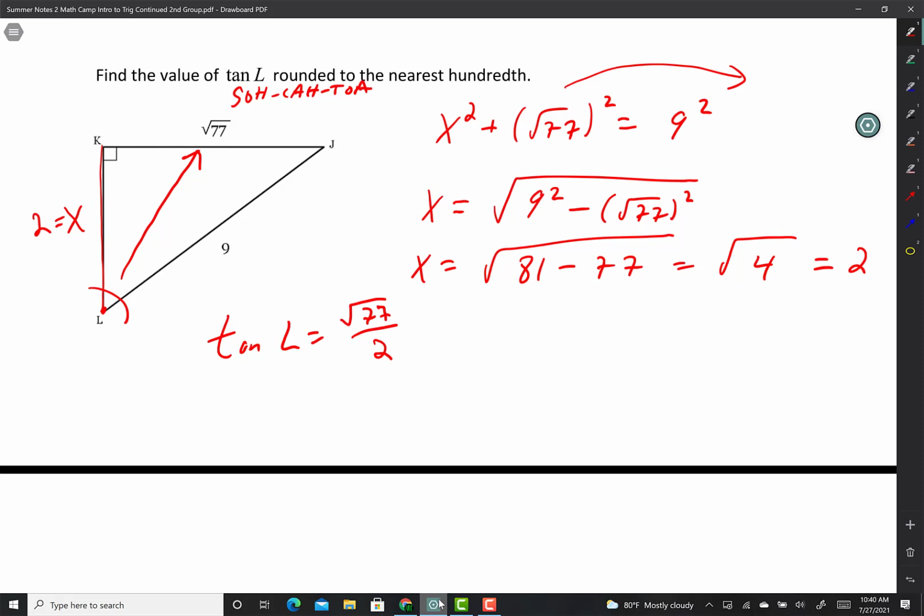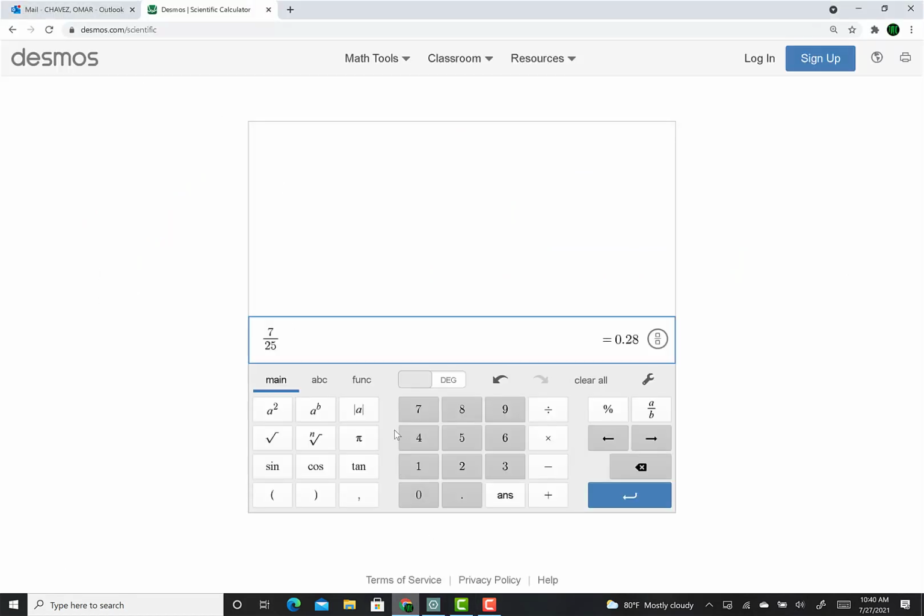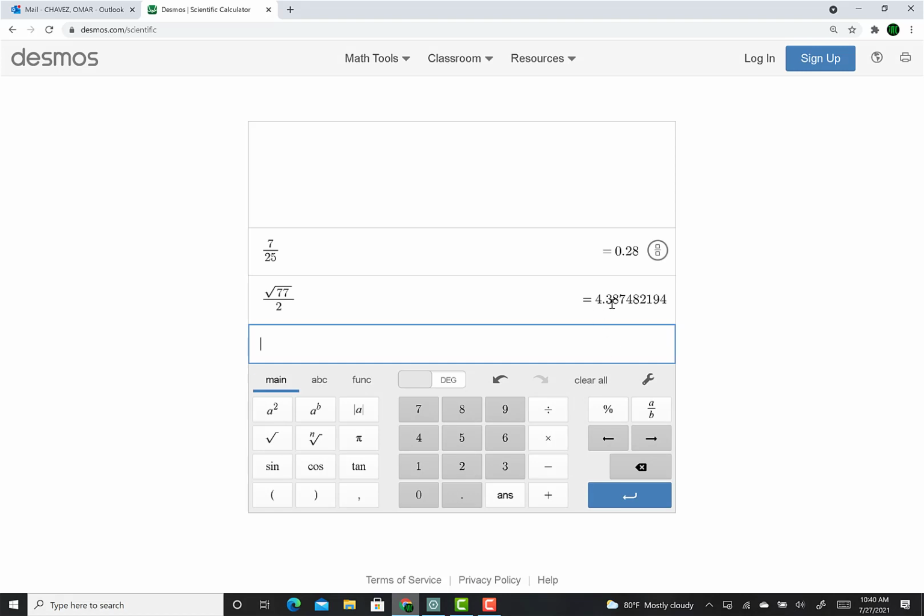I take out my calculator because it wants nearest hundredths. So here is my calculator, and I just type square root of 77 over 2. And I get 4.387. That 7 means that 8 is going to turn to 9. So 4.39.